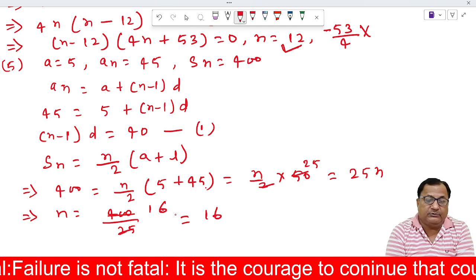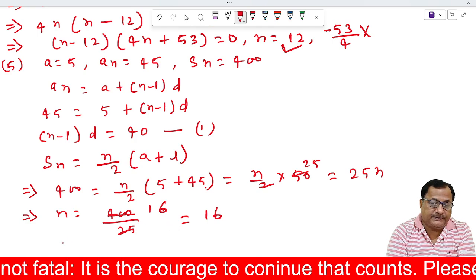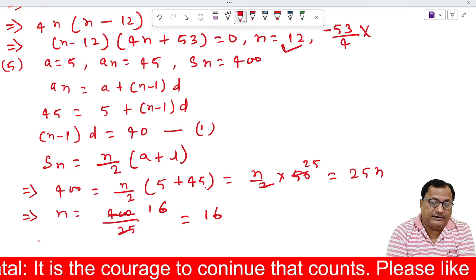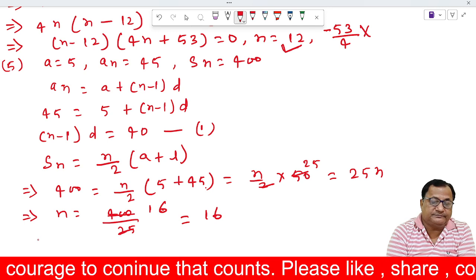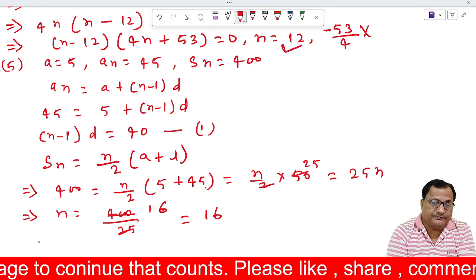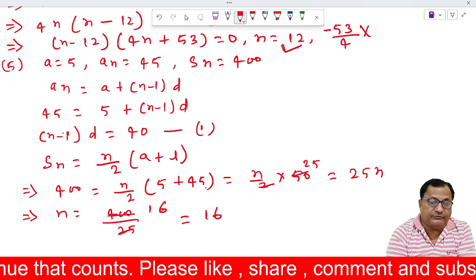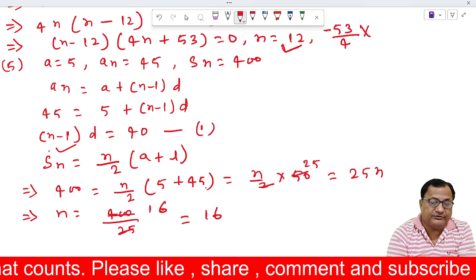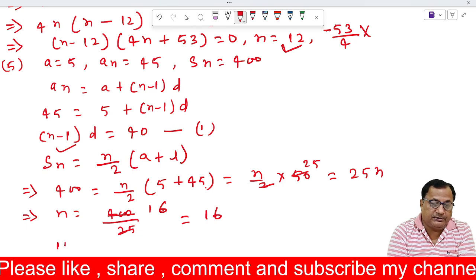Now we'll put the value of n in equation 1. In this equation, if we put the value, 16 minus 1 is 15.